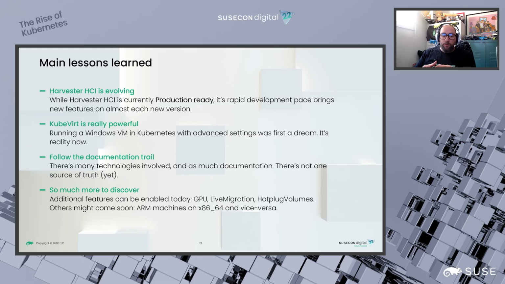Now, when we are implementing these VMs or the configurations on KubeVirt, especially if you want to really detail your configuration, the documentation trail might be quite massive. There's no one source of truth yet.